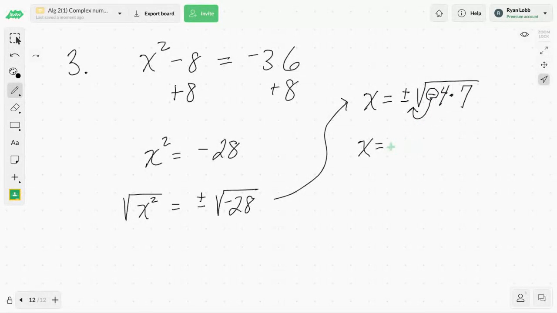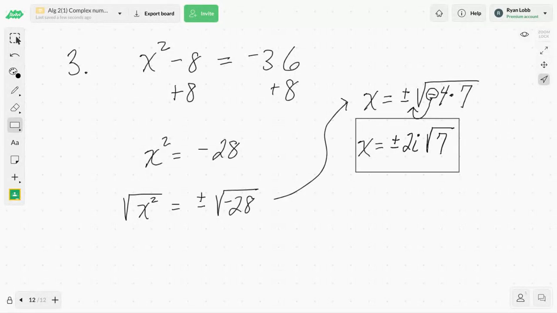So out front, I'm going to have plus minus 2i, and then what's left is the square root of 7. And there, that one is now done. We did that simplifying before, when we were working on simplifying square roots with negatives. So that's all that adds on.